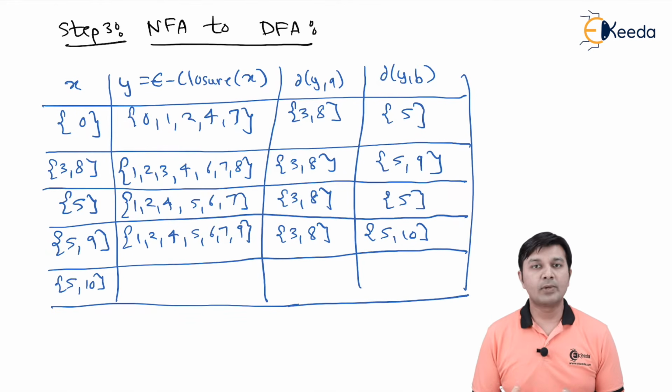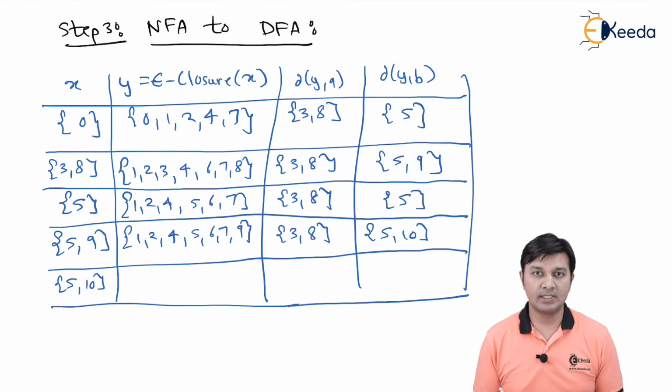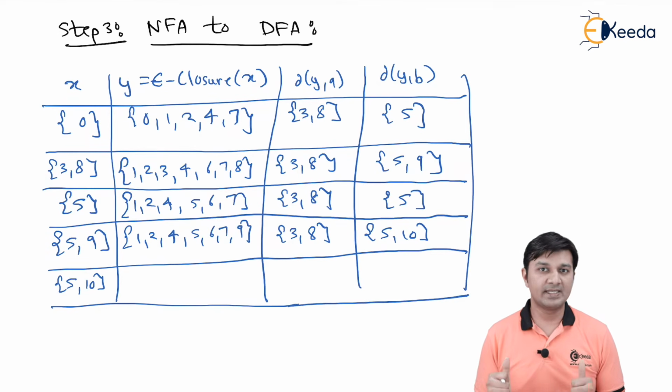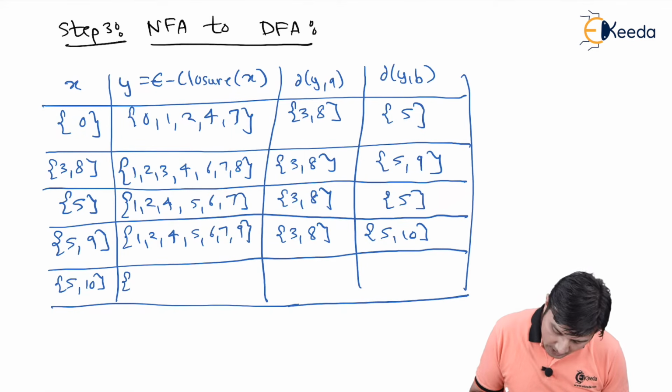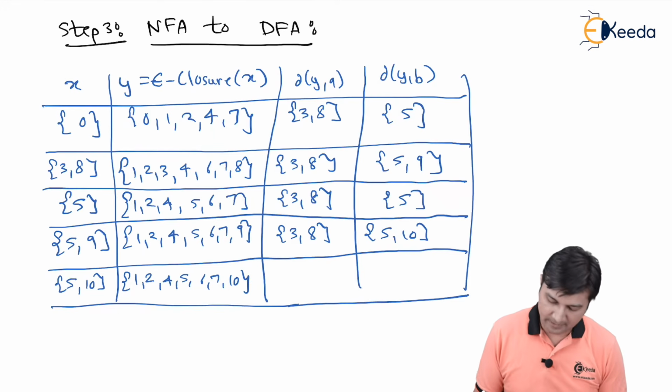Okay, now calculating epsilon closure of 5 comma 10. If you go to the diagram, you can see that epsilon closure of 10 is nothing but 10, because we know that 10 is the final state and 10 on epsilon is not going to go anywhere. So epsilon closure of 10 is simply 10. So I say epsilon closure of 5 comma 10 is going to be 1, 2, 4, 5, 6, 7 and 10.